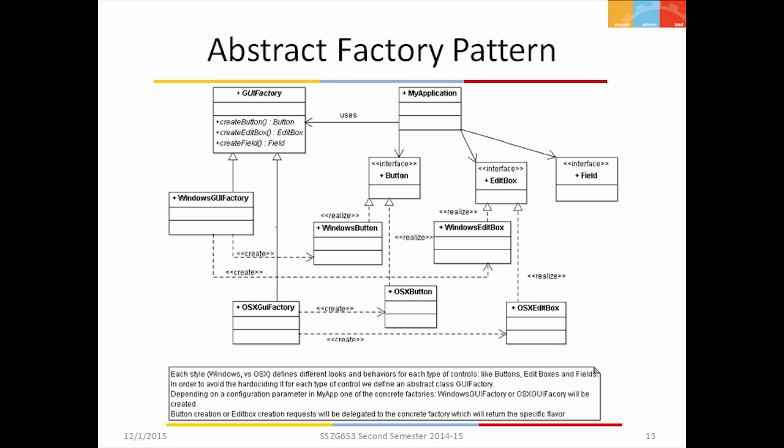Now once that's chosen, that particular factory will create the necessary products like Windows type button, Windows type edit box, or Windows type field. Essentially, this button creation request or edit box creation request is delegated to the concrete factory. So this is basically the abstract factory pattern.